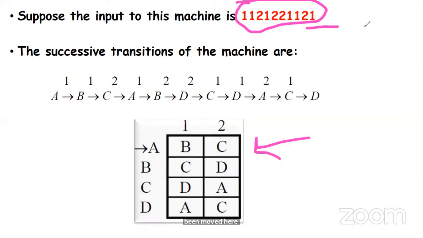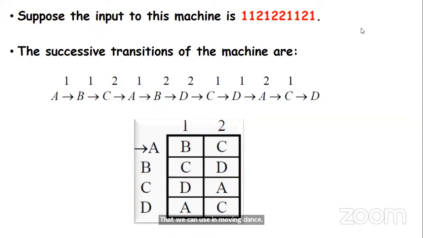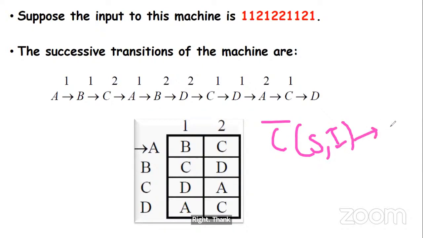Now let's see ways that we can use in moving that. Please pay close attention. This is the transition function: when you're at a state and receive an input symbol I, you move to another state S. And these two states are elements of DS.